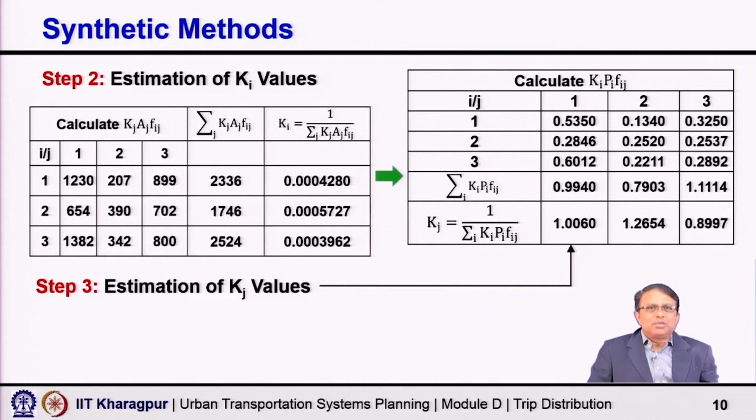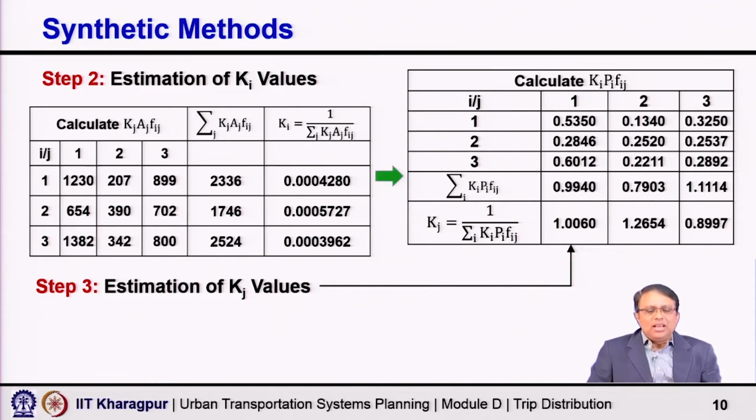You can see in step 2 what we have done. We have taken the zones, productions i as 1, 2, 3 in 3 rows and j as 1, 2, 3 in 3 columns, and then calculated the value Kj, Aj, Fij. Kj is assumed as 1, Aj we know, the attraction of zone for each column, and then the corresponding Fij value from the cost.